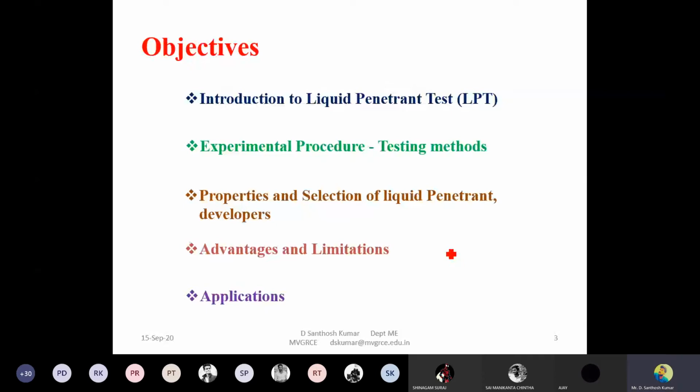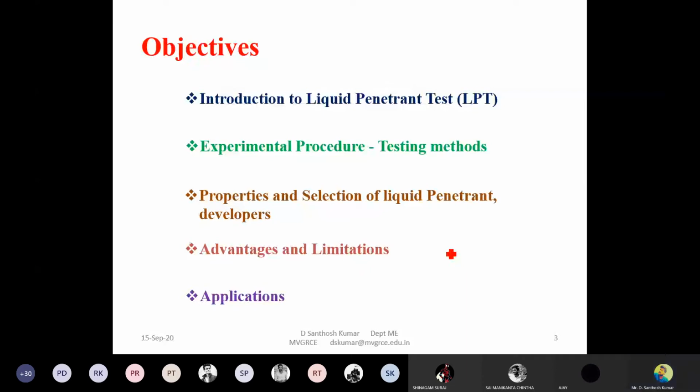Before going to the topic, what is the learning objective of this chapter? Unit 2 is the liquid penetration test. Here I would like to introduce the liquid penetration test and its principles. Majorly, one is surface energy and the other is capillary force.